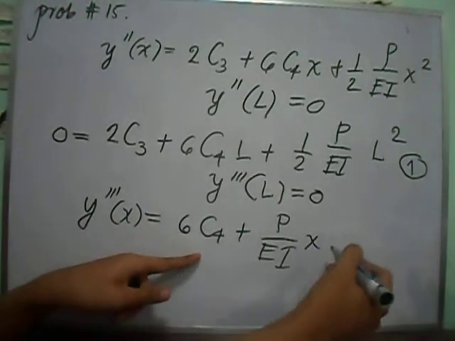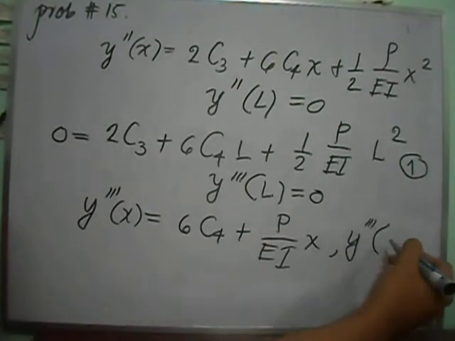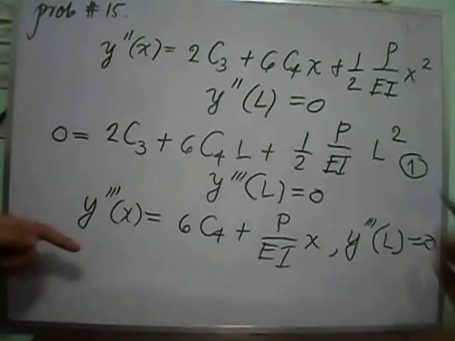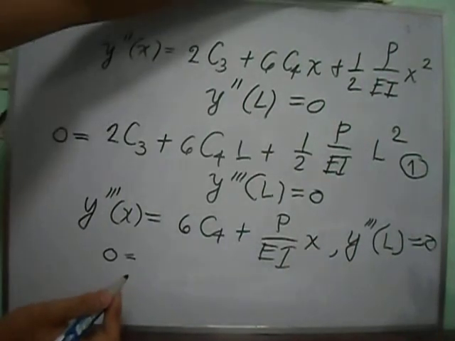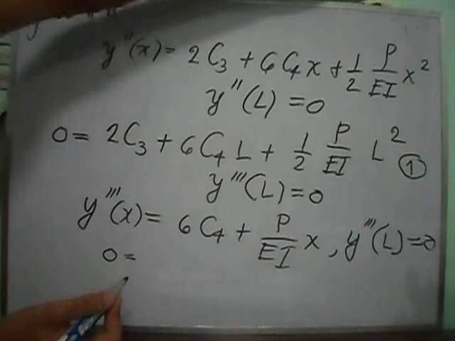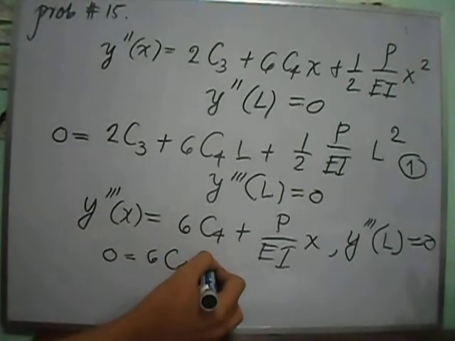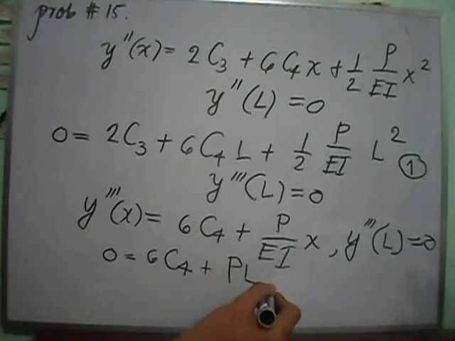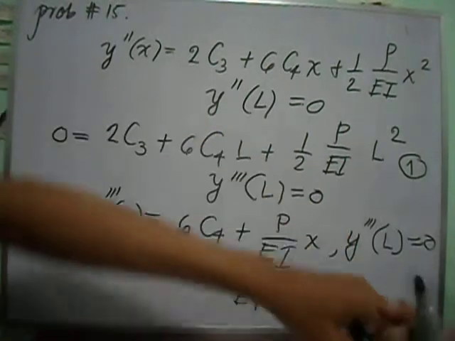And we are subject to the constraint that y triple prime of L is also equal to 0. From the previous ways we've done, we equate this to 0 and replace x with L, we get 6c4 plus PL over EI equals 0. Okay, now we can directly solve for the C4.